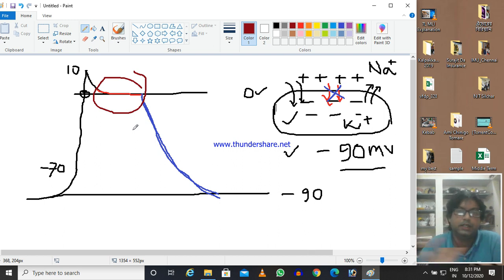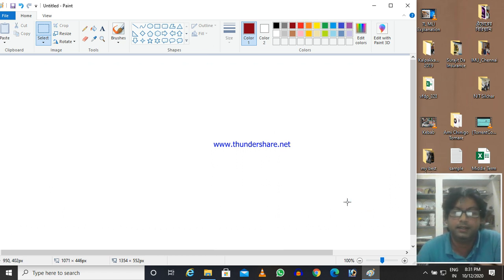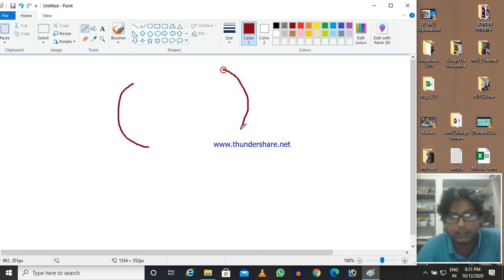This is a very simple basic concept which we should understand first to read an ECG signal.